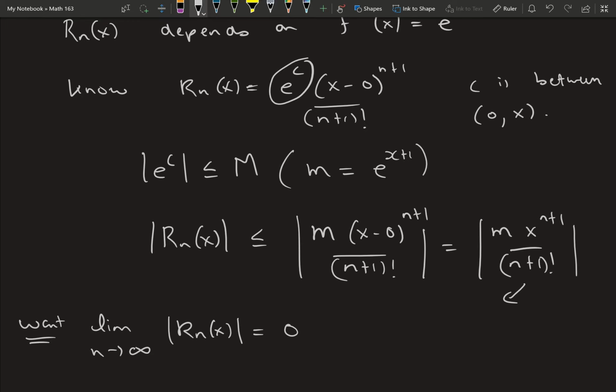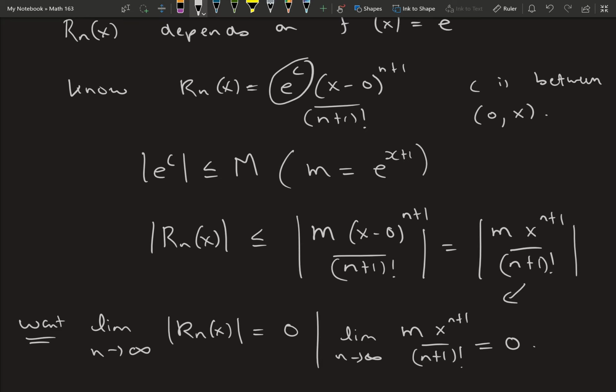What happens here? If x is fixed, then you have m x to the n plus 1 over n plus 1 factorial, where m is just a constant. This is fixed, so this actually equals 0. Okay. All right.